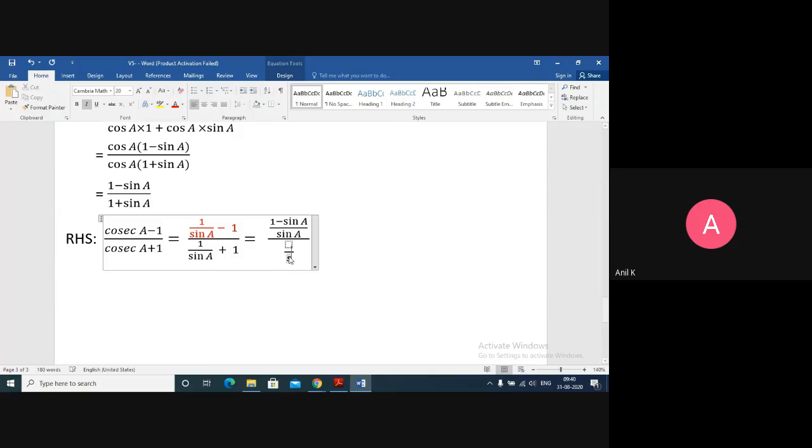In the denominator also LCM will be sin A. Here you will get 1 plus sin A. Again both the sin A's will get cancelled.